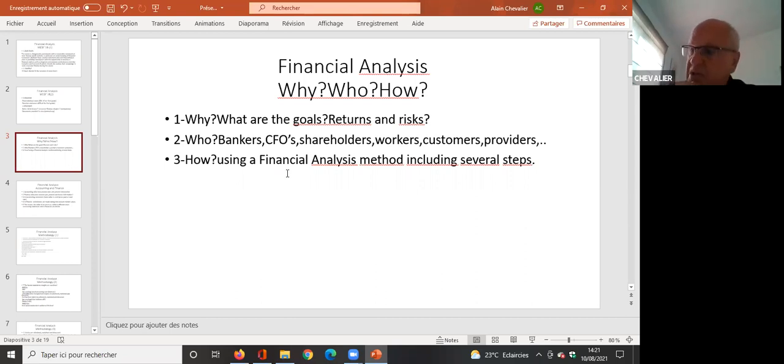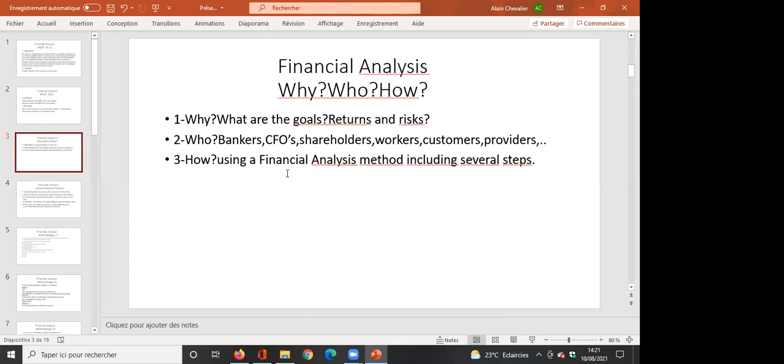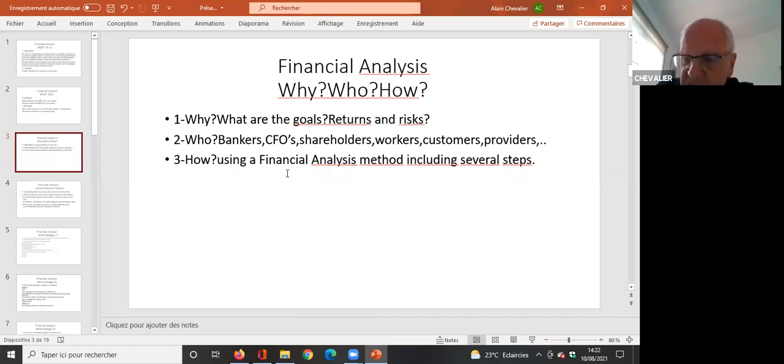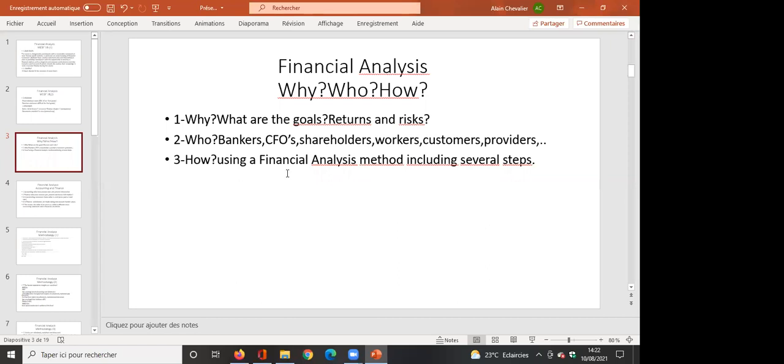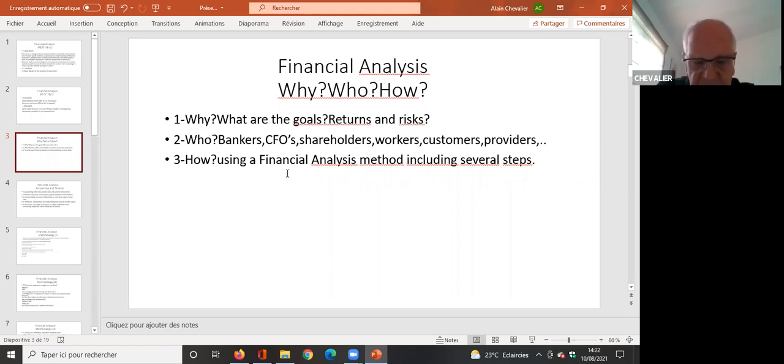Some others are more specific. In some cases, it's handmade. Some others, it's based on the calculation provided by a software. But anyway, at the end, the conclusion, what I say the conclusion, a good analysis is generally made by a person, by an analyst, and not generated automatically.